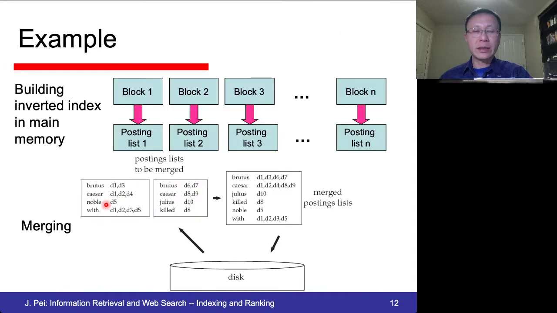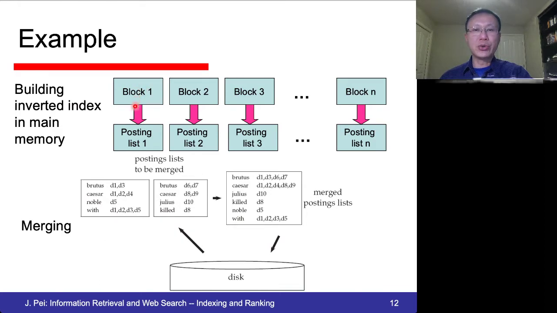Let's take a concrete example. Here, as you can see, we divide the whole set of documents into blocks such that each block can be held in main memory. Then for each block, once it is loaded into main memory, we can easily process its postings.